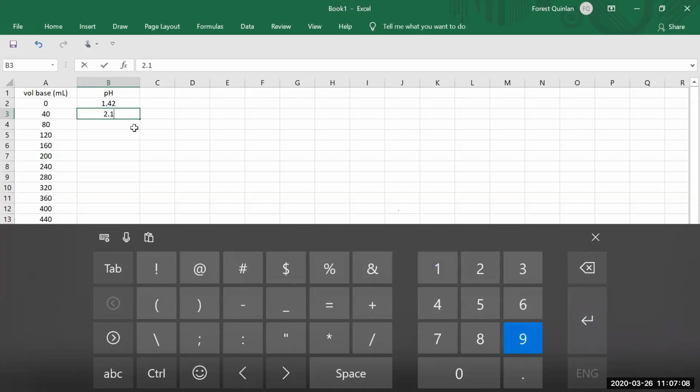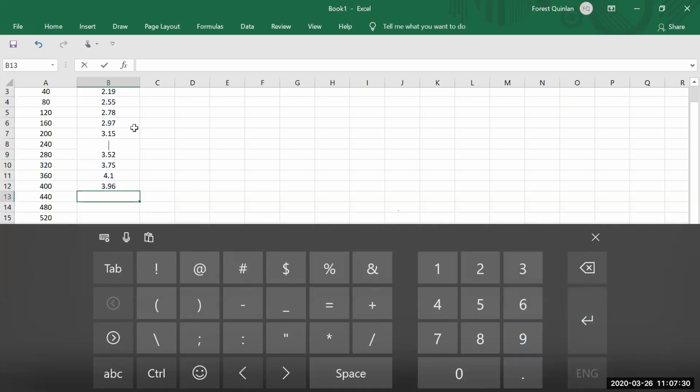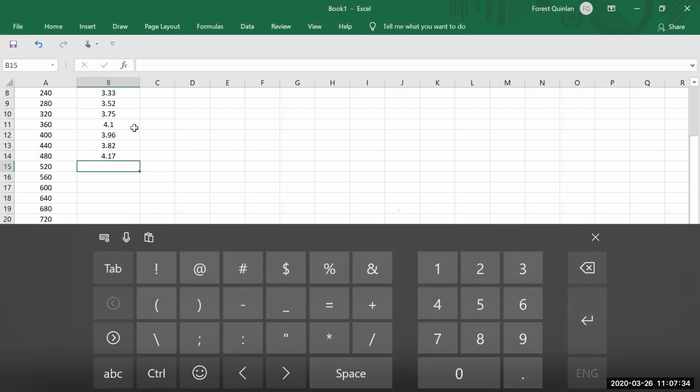Then 2.19, 2.55, 2.78, 2.97, 3.15, 3.33, 3.52, 3.75, 4.10, 3.96, 3.82, 4.17, 4.40, 4.59, 4.77, 4.95, 5.14, 5.37, 5.72, 5.48, 5.24. 5.59. Oops, hold on. Shoot, 5.24, 5.59.